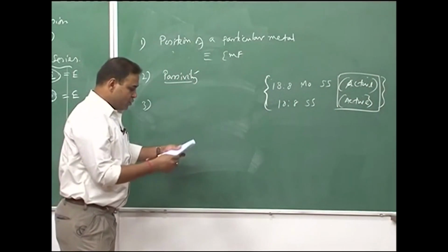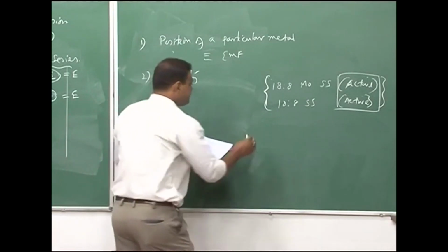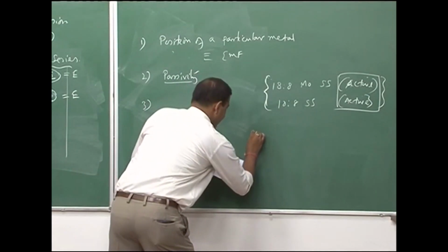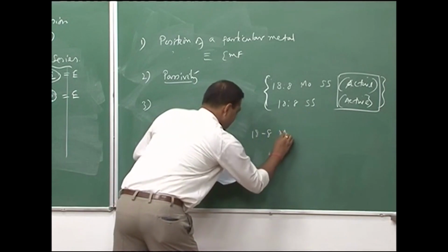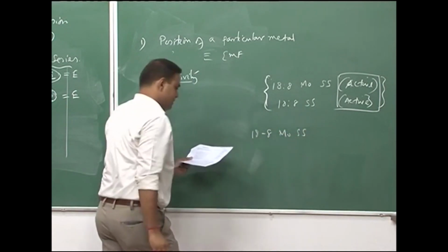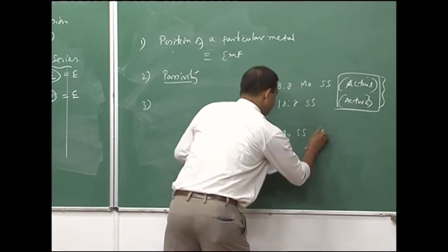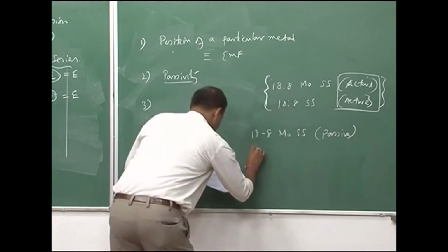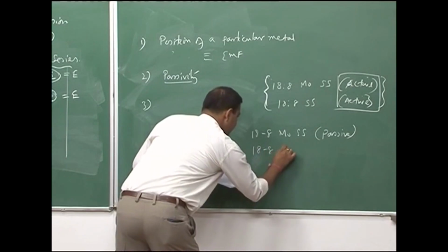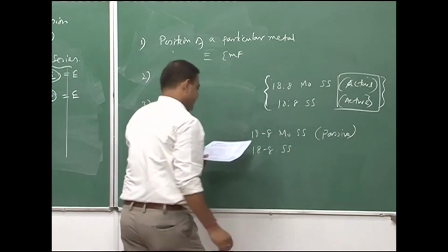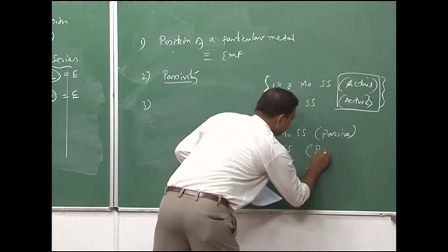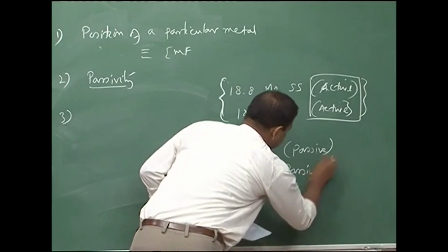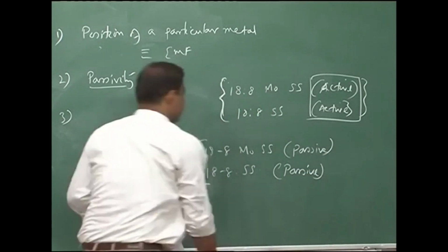Similarly, we can have another bracket with 18-8 molybdenum stainless steel, where it is passive, and 18-8 stainless steel, SS meaning stainless steel, passive. There also you will see a bracket.